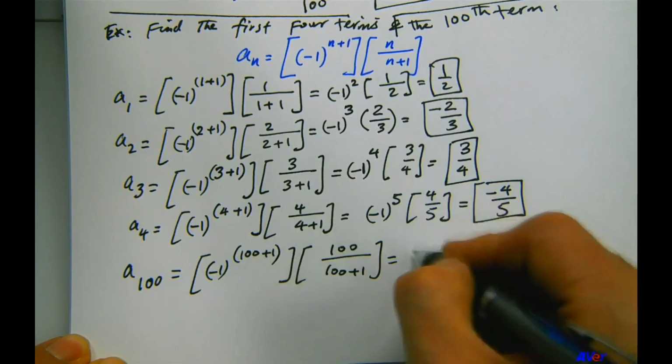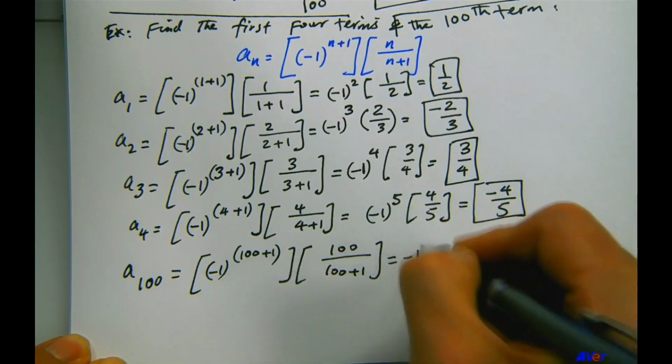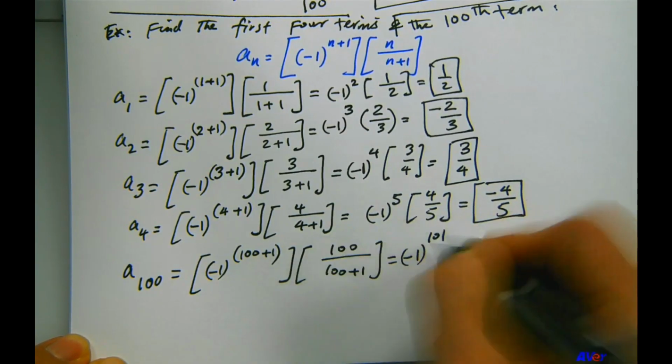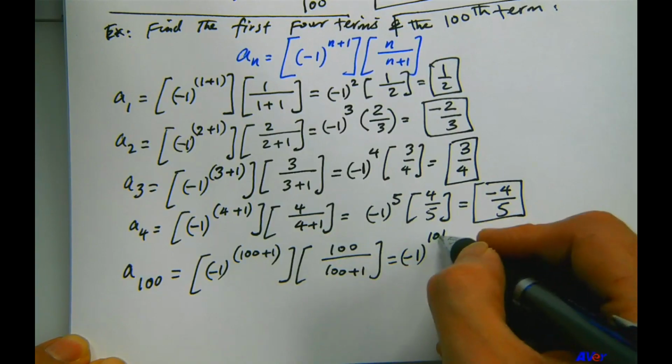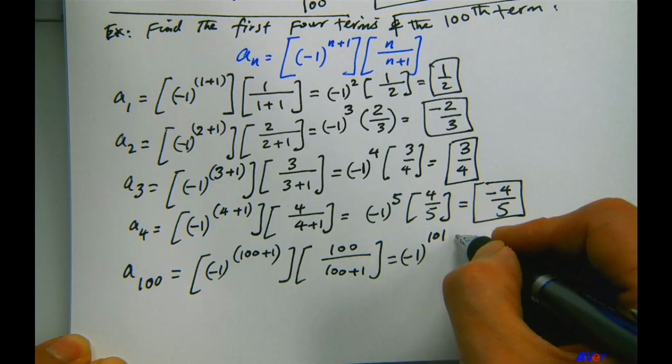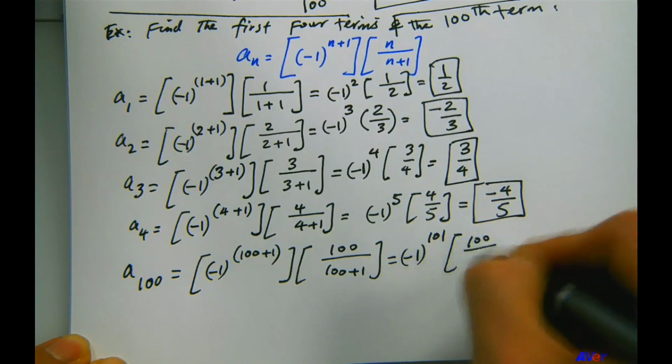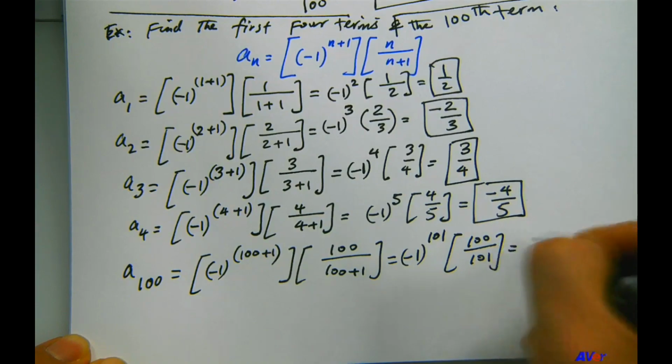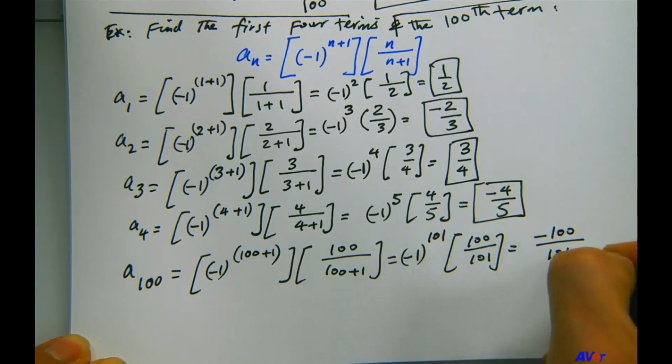So minus 1 to the 101 power, that 101 is an odd number, so the negative is preserved, times 100 over 101. So we have minus 100 over 101.